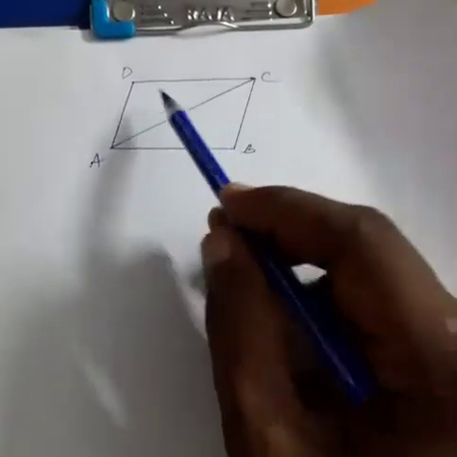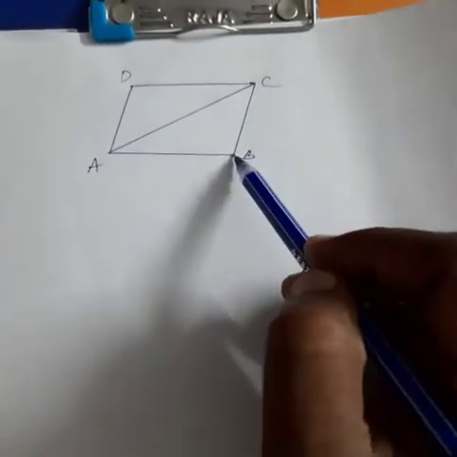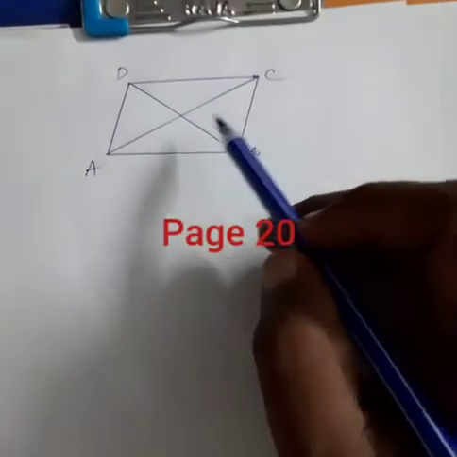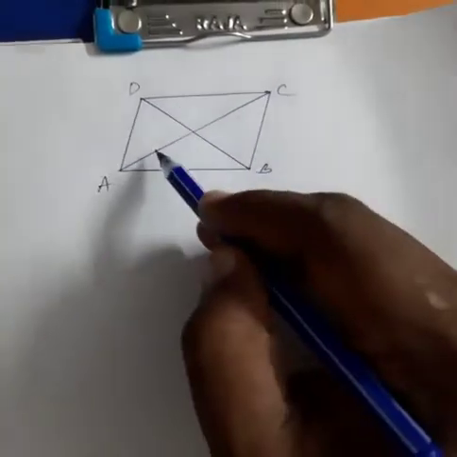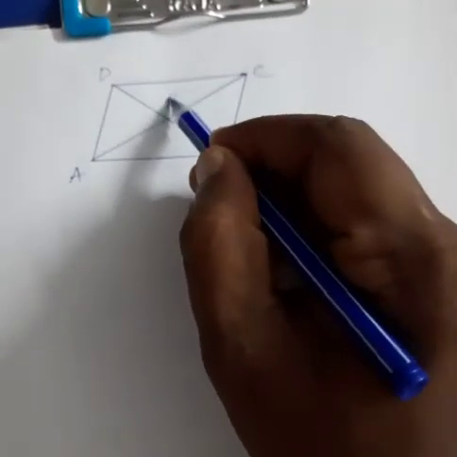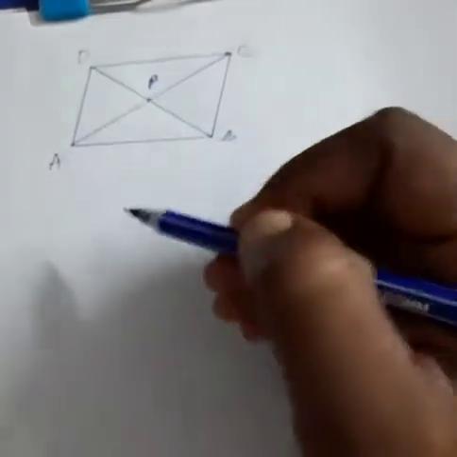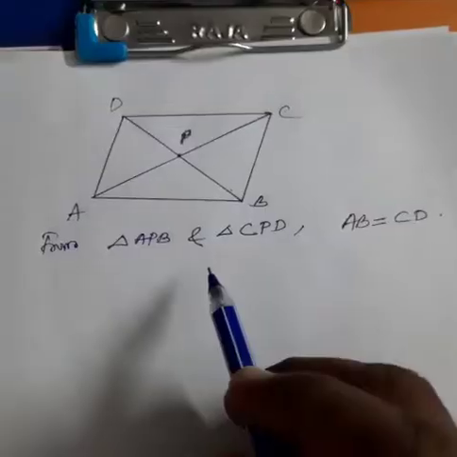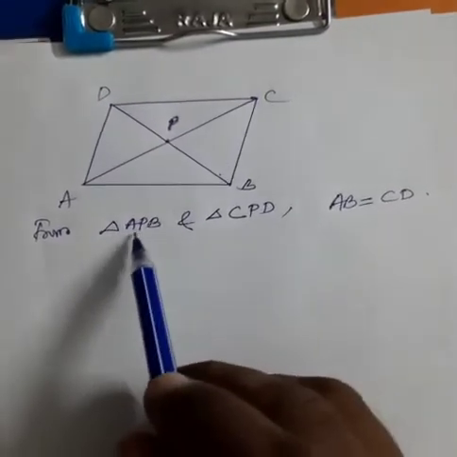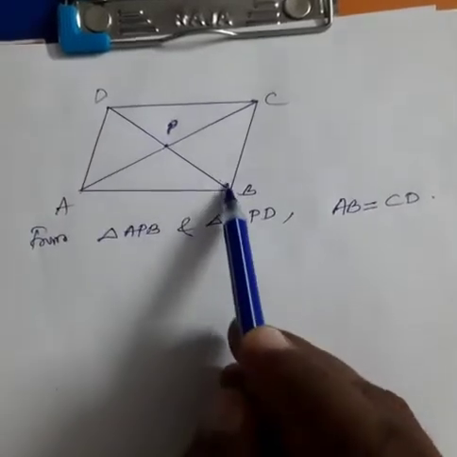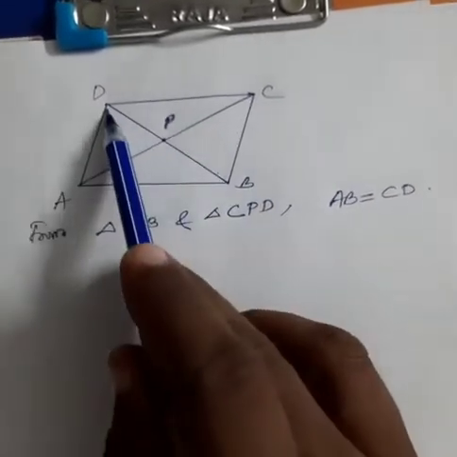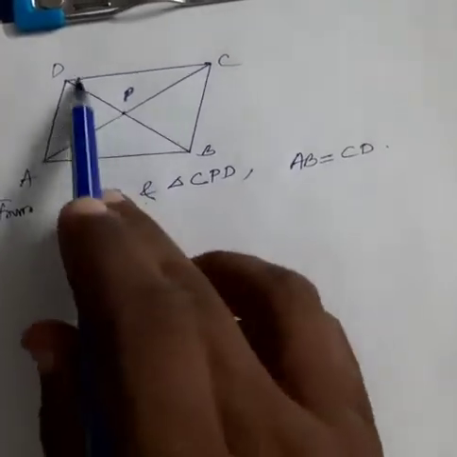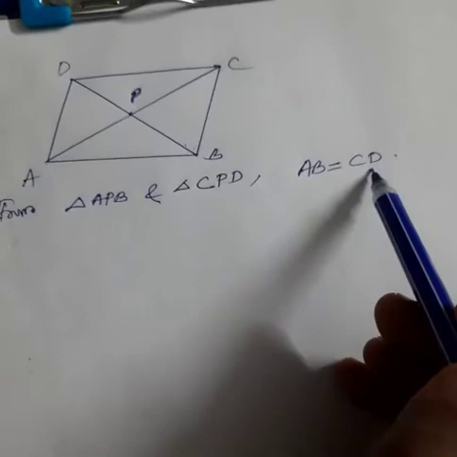In this parallelogram, we can draw the second diagonal BD. After drawing the second diagonal BD, these two diagonals will meet at the common point P. In these two triangles, APB and CPD, we have already seen that AB is equal to CD.